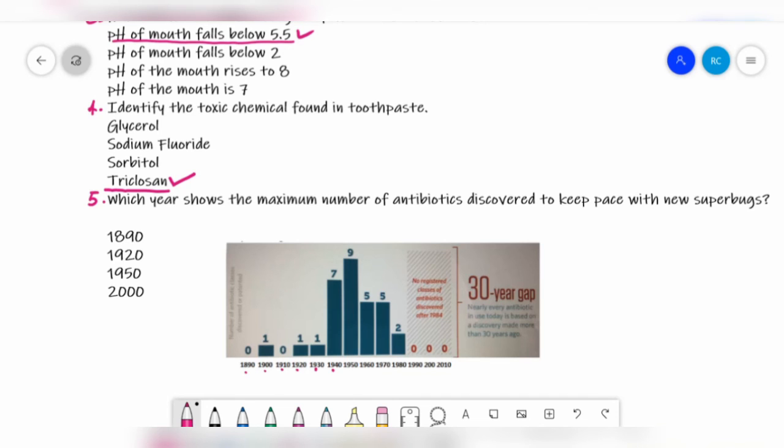It's a bar chart given here: 1950, then 1960, 70, 80 to 2010. When you look at this diagram, you can see 1950 is the maximum number of antibiotics discovered. Okay, so our answer is this ninth one. It's 1950. Fine. So the answer is 1950. Thank you, children.